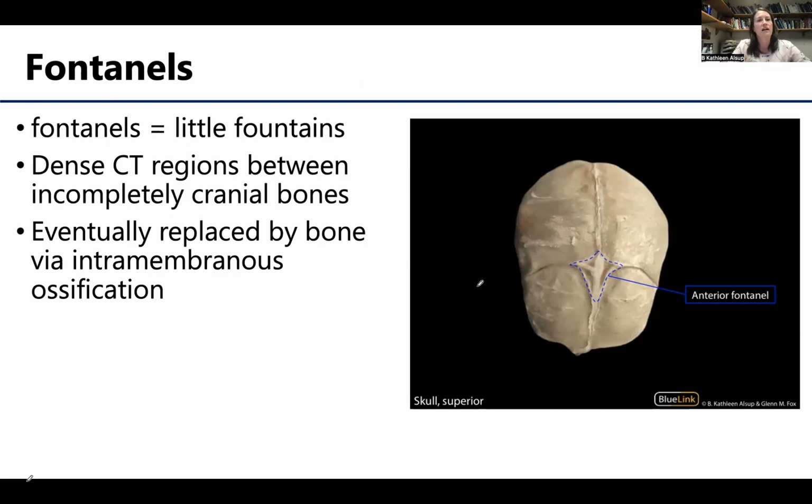These are regions of dense connective tissue between incompletely formed cranial bones. Eventually, these fontanelles will be completely replaced by bone via intramembranous ossification. But in juveniles, generally as young as 1 to sometimes up to 6, you can feel these soft spots.